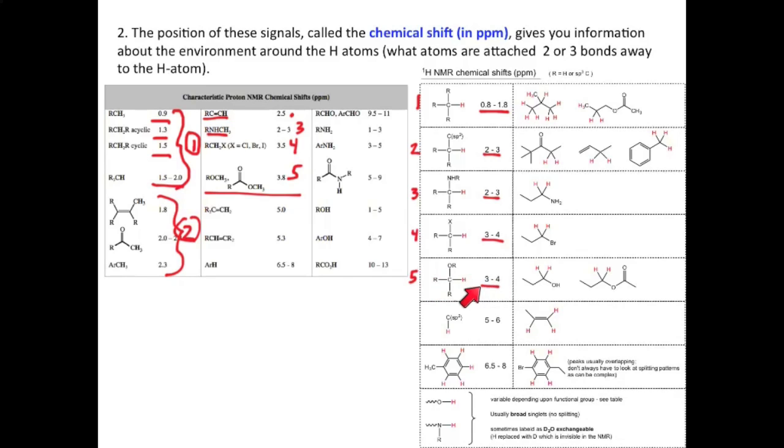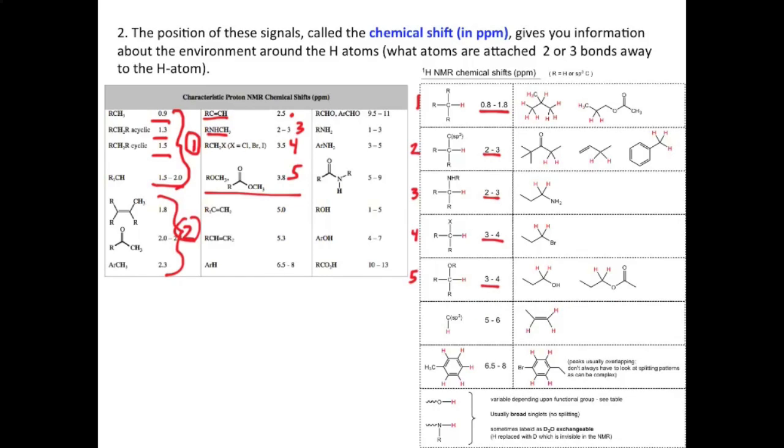Those hydrogens are going to have, again, a chemical shift of about 3 to 4. So we can look here, if we have propanol, H to sp3 carbon to O, the hydrogens in red would be between 3 and 4. Here I have an ester, right? The H in red is connected to the carbon, connected to an O, and again would have a chemical shift of 3 to 4.